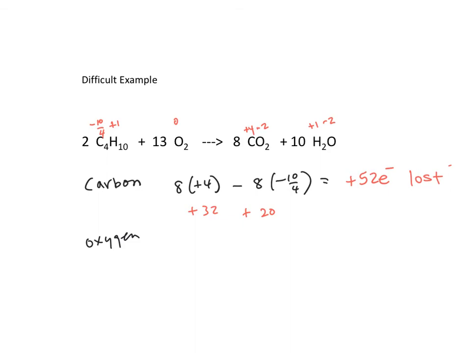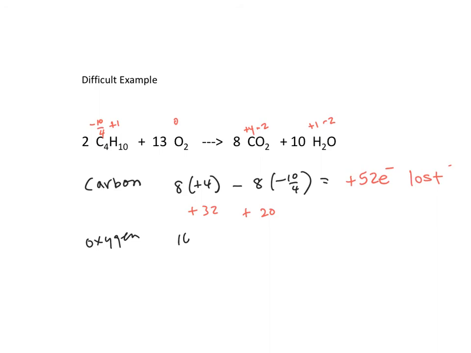So in the CO2, you got 8 times -4. Or I guess you could say, let's actually change that here. So you have 16 oxygens right here. So you have 8 times 2 is 16. Each one is -2.